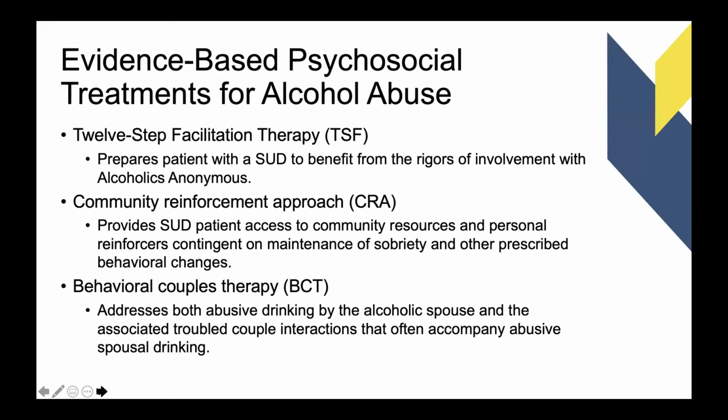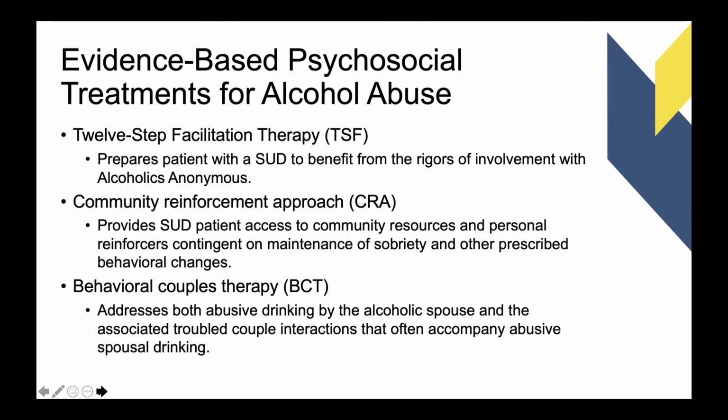There is the 12-step facilitation therapy, which prepares the patient to benefit from involvement in AA. Community reinforcement approach provides the patient access to community resources and personal reinforcers contingent on maintenance of sobriety and other prescribed behavioral changes.